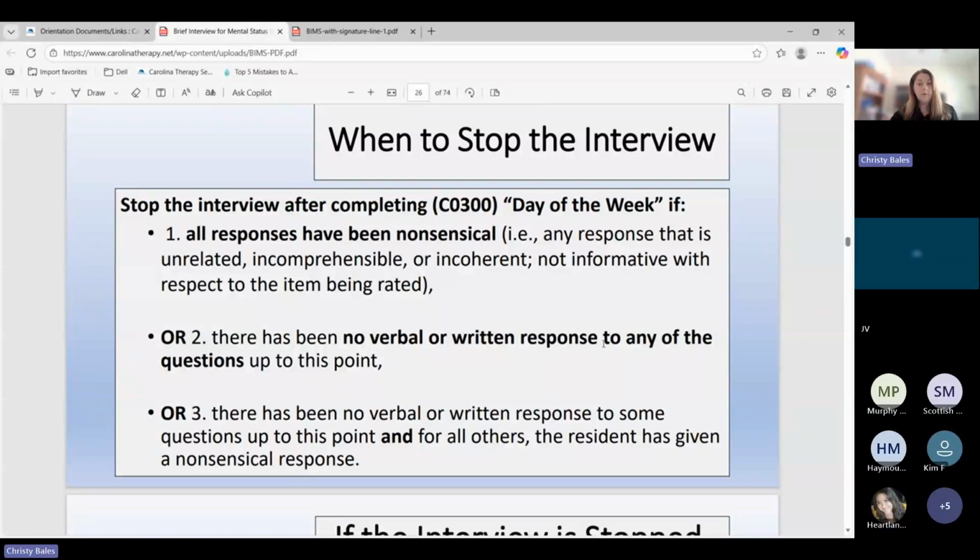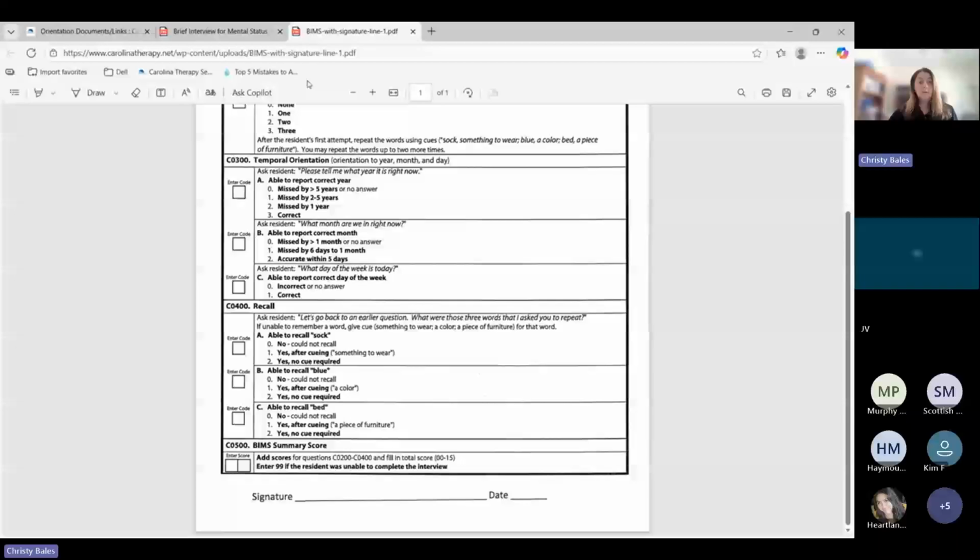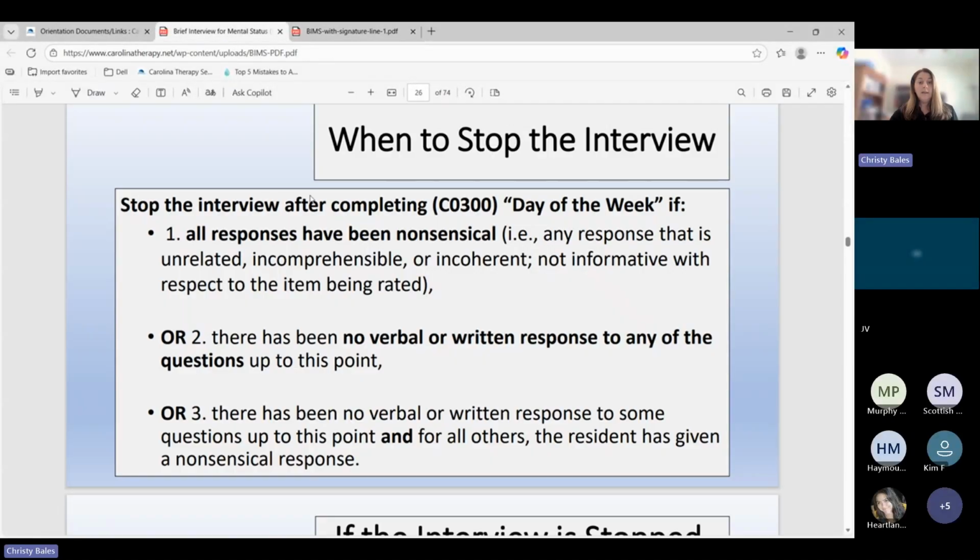When to stop the interview. You're going to stop the interview after completing C0300. So after temporal orientation, if all responses have been nonsensical, any response is unrelated, incomprehensible, incoherent, non-informative with respect to the item being rated, or there has been no verbal or written response to any of the questions up to this point.